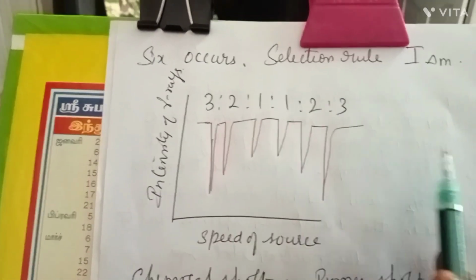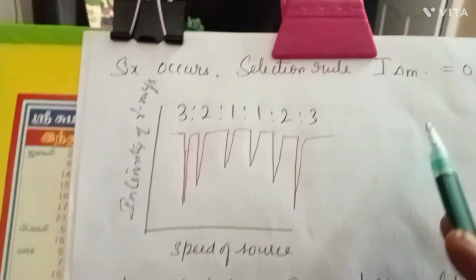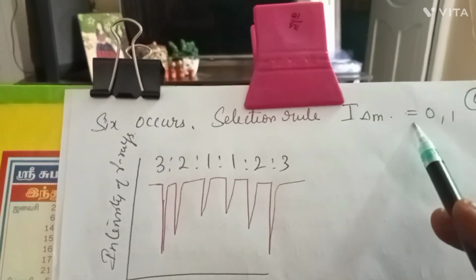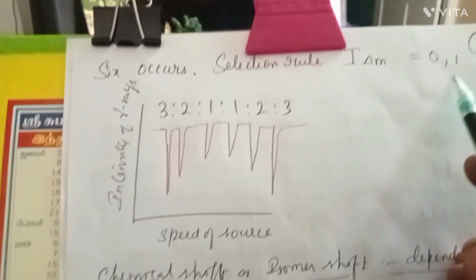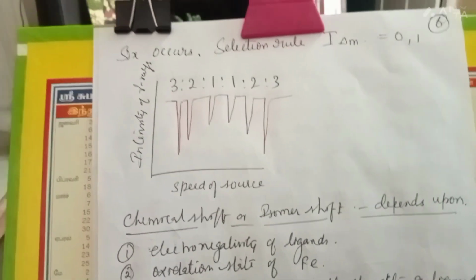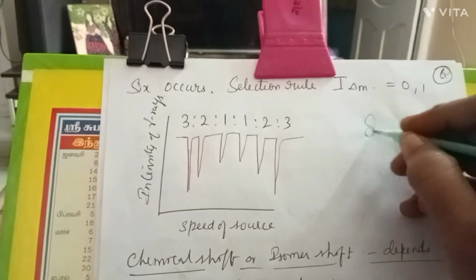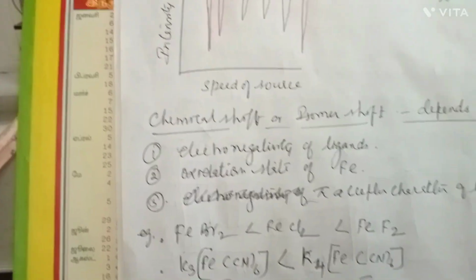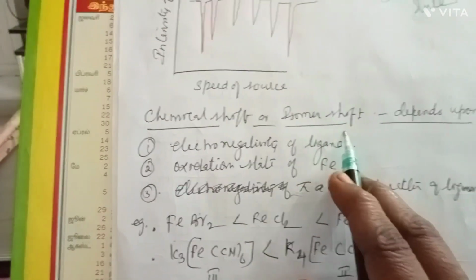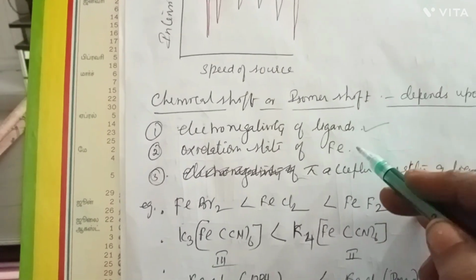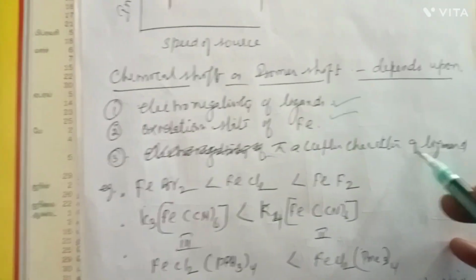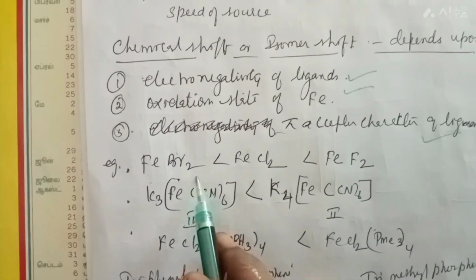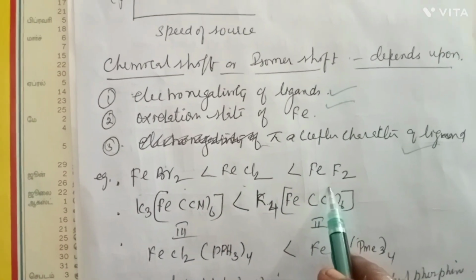So although 8 transitions are possible, only 6 peaks you will be getting, in the ratio 3:2:1:1:2:3 for the Mossbauer spectra. Okay, because the selection rule for the transition is delta m equal to 0, plus or minus 1. So although there are 8, only 6 peaks will be obtained according to the selection rule.